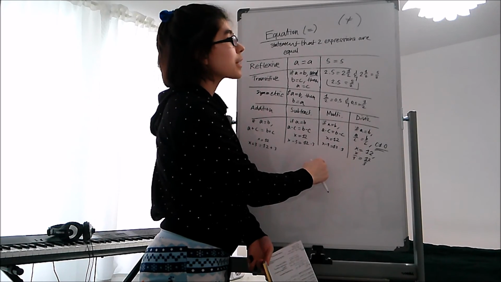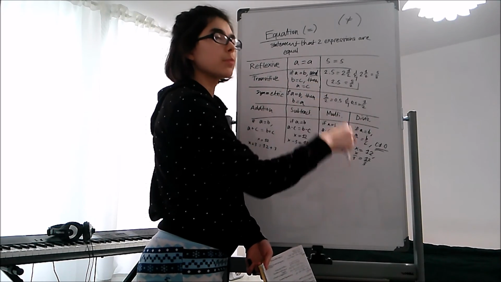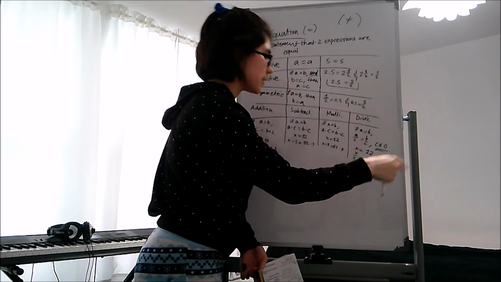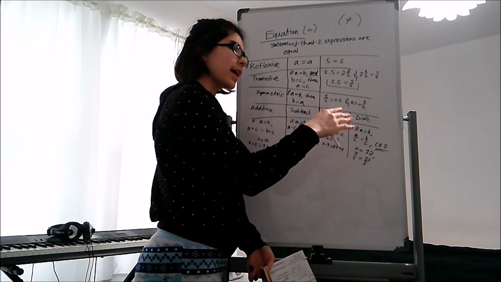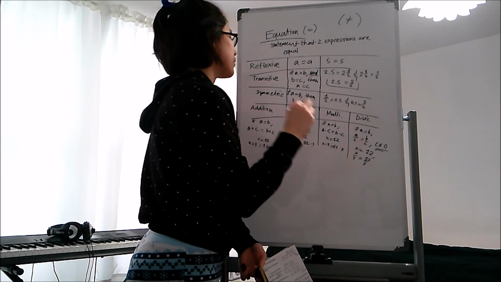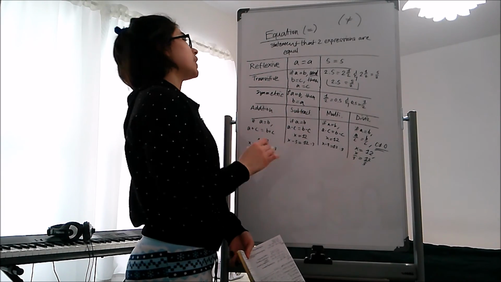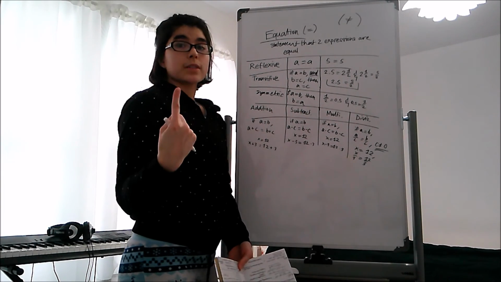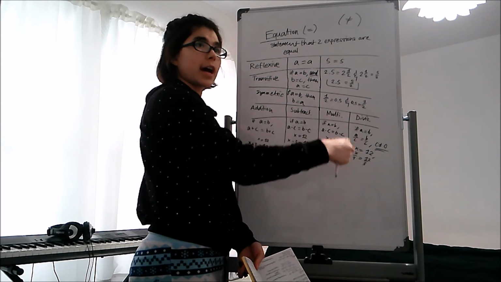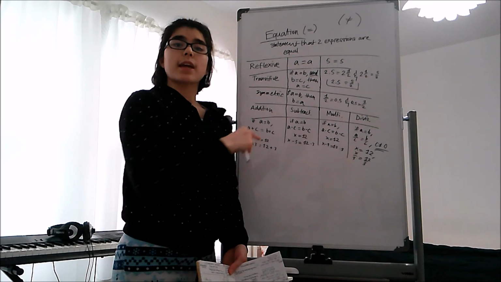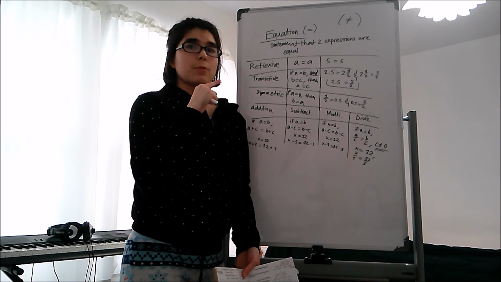I multiply by 3 on the left, I've gotta multiply by 3 on the right. If I divide by 3 on the left, then I've gotta divide by 3 on the right. The bottom line is, whatever you do to one side of the equation, you have to do that same thing to the other side. Otherwise, you cannot say it is an equation, because it would not be equal.